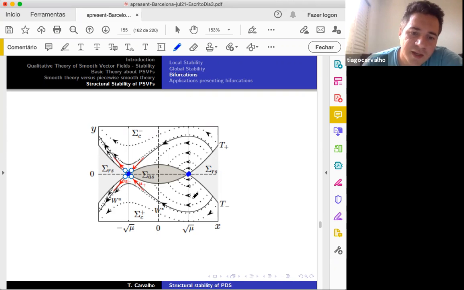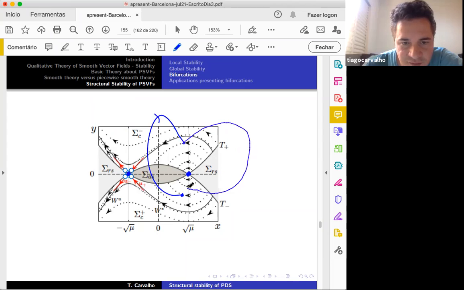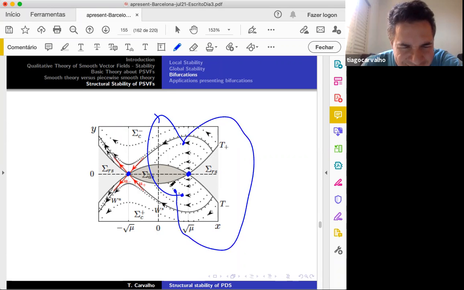The Y vector field plays this point here, on the same curve, but at the left, because there is an orientation here.